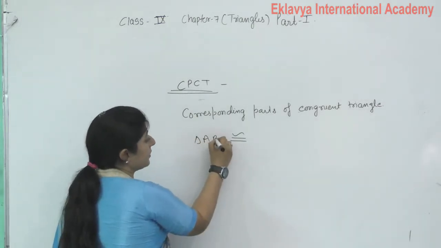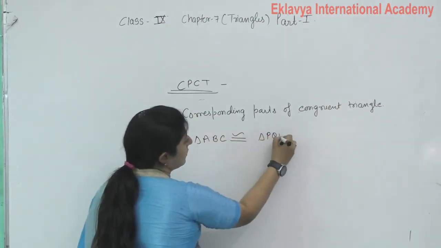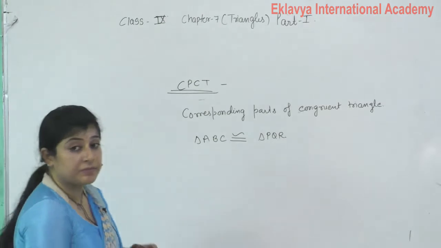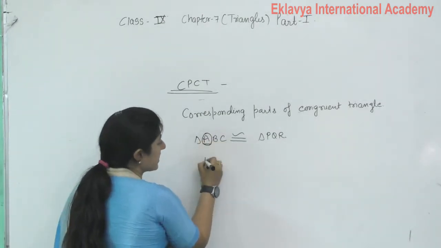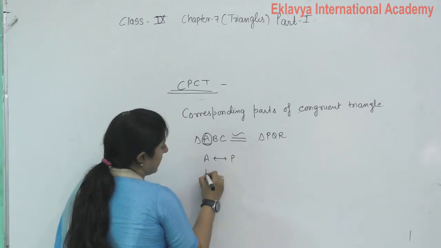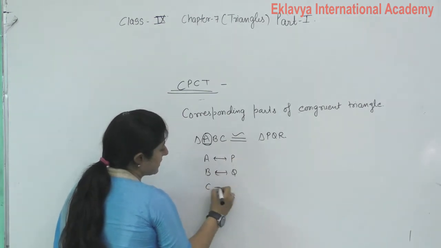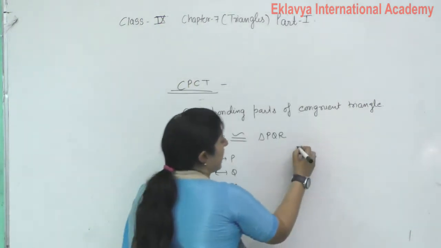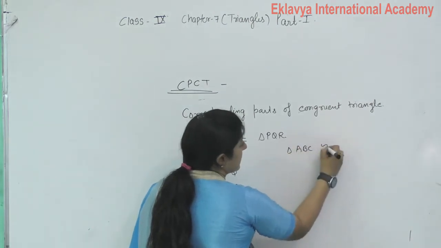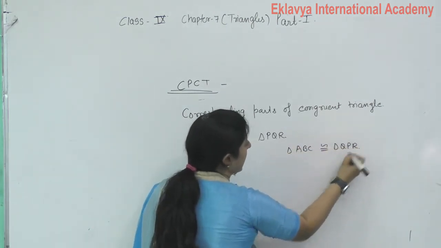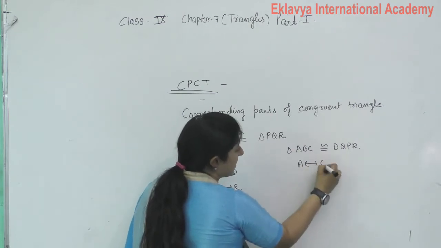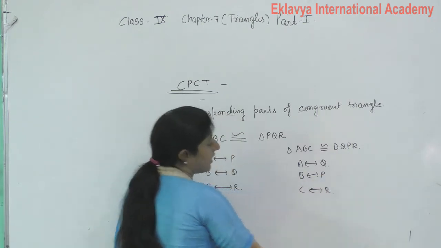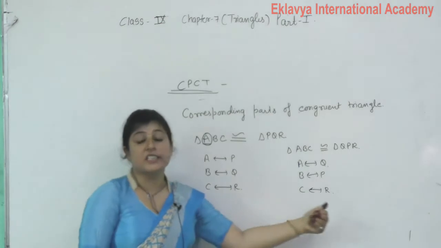Suppose it is given to you that triangle ABC is congruent to triangle PQR. How to relate one triangle to another triangle? It means angle A relates to P, vertex B relates to Q, vertex C relates to R. I can't say that if I write ABC is congruent to triangle QPR, it means here A corresponds to Q, B corresponds to P, C corresponds to R. If I write like this, then it is wrong.